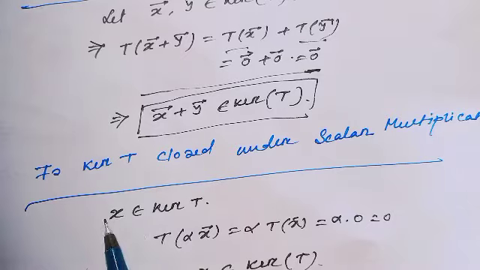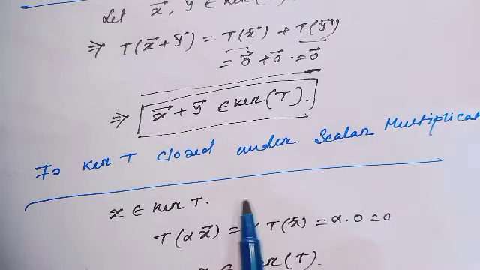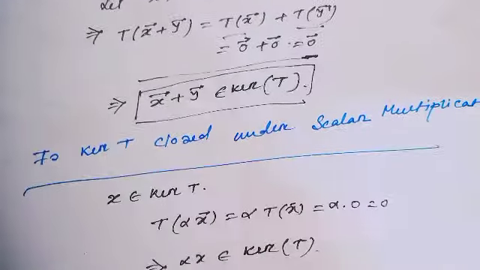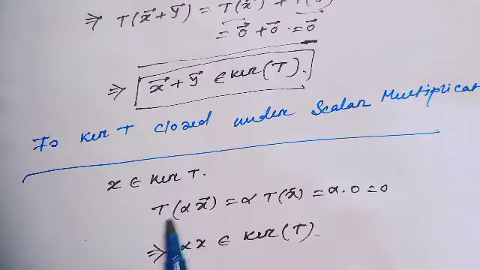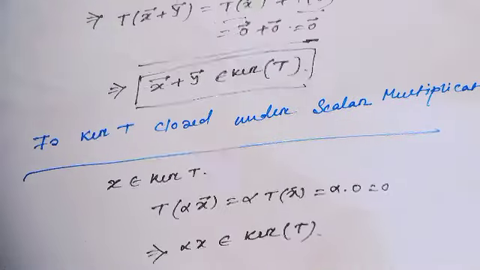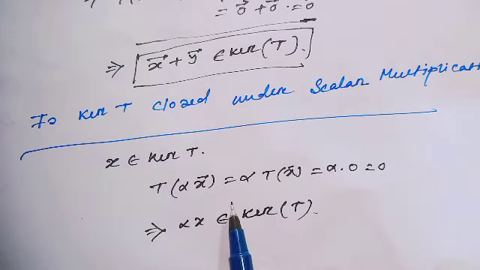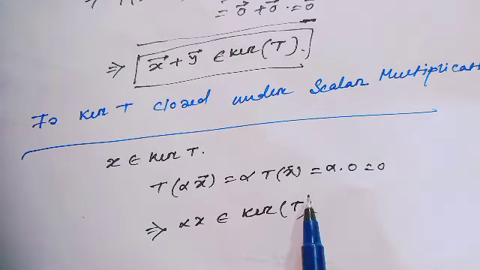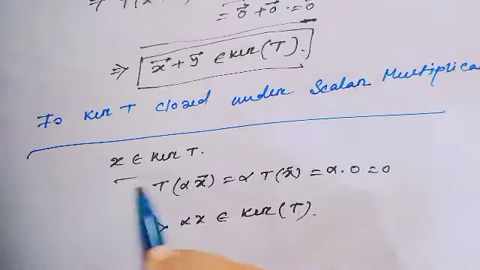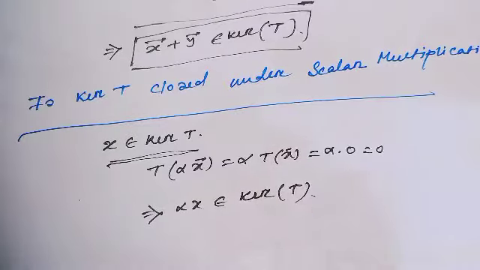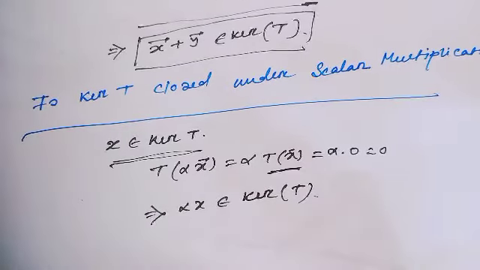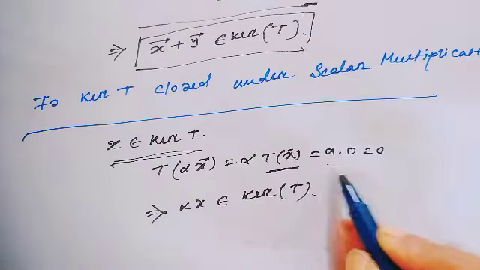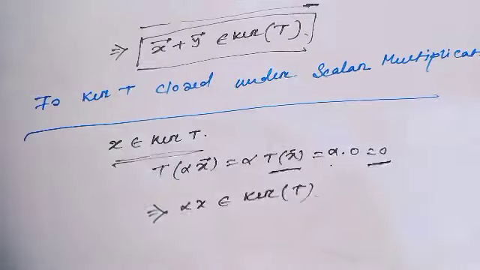Next, we have to show: is the kernel of T closed under scalar multiplication? Consider x belonging to the kernel of T. Then T of alpha x, by the rules of linear transformation, equals alpha times Tx. And since x belongs to the kernel of T, Tx equals 0, and alpha times 0 is obviously 0.